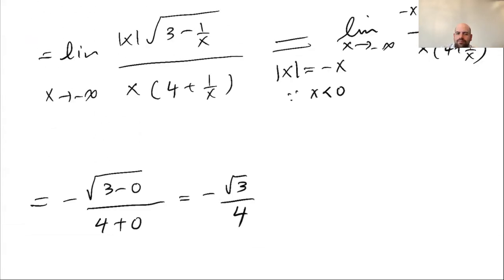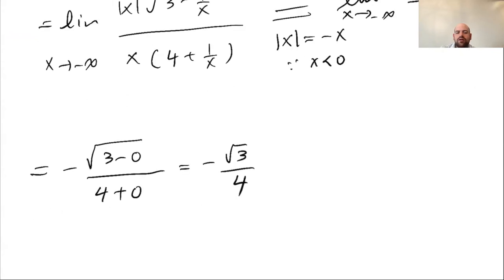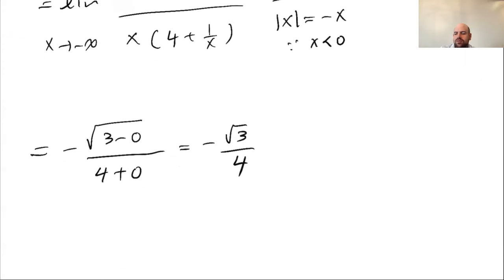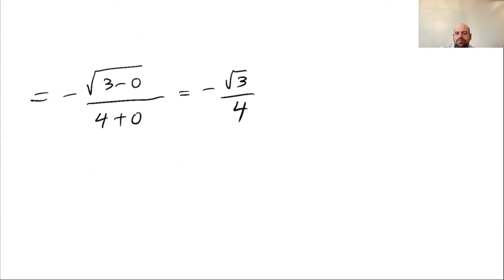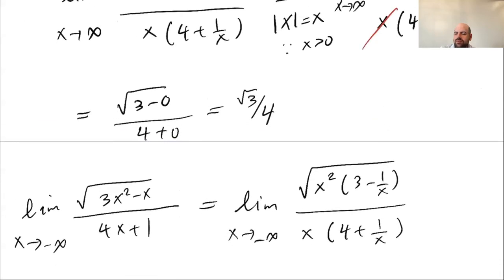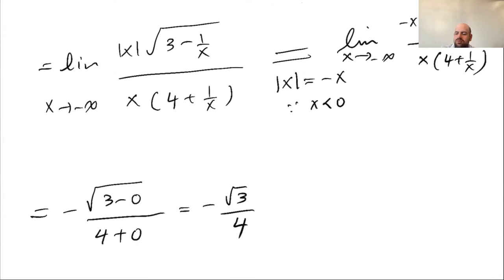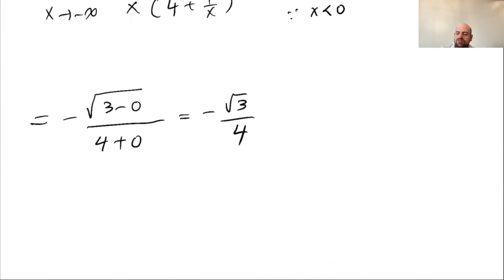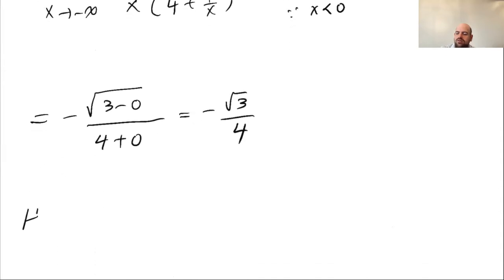Okay, here. So minus root 3 over 4 is the limit as x goes to minus infinity. The limit as x goes to infinity was root 3 over 4. The limit as x goes to minus infinity is minus root 3 over 4. So what are the horizontal asymptotes?